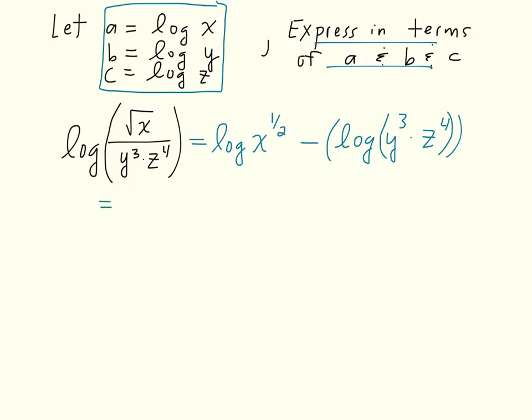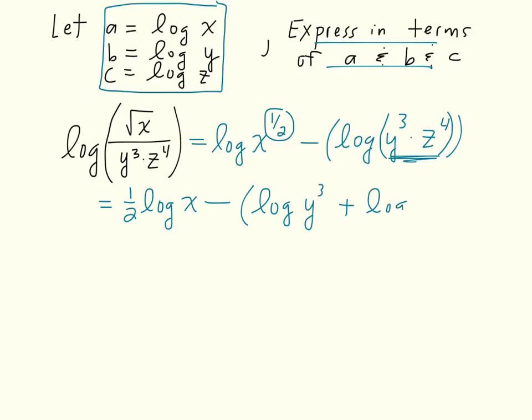From there, this 1/2, we know we can throw that in front. So we have 1/2 log of x minus, now I have a product here. So I could rewrite this as the log of y cubed plus the log of z to the 4th. Again, when we have a product, we turn it into addition with more than one log.